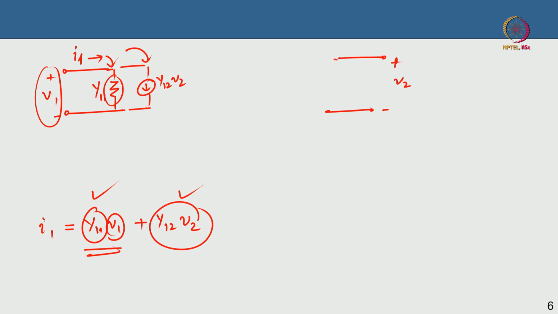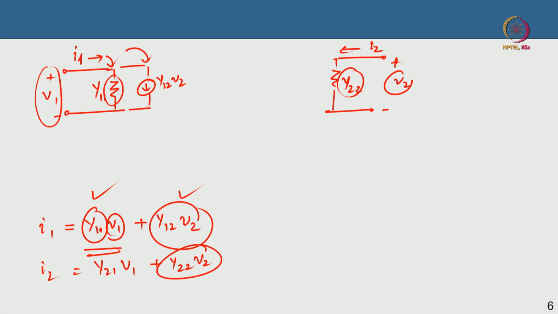Now similarly I have I2, which is Y21 into V1 plus Y22 into V2. So I am going to have one Y22 here, which multiplied by this gives you this component. And then there is another component here, which is basically Y21 into V1.